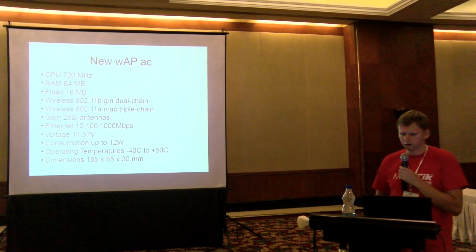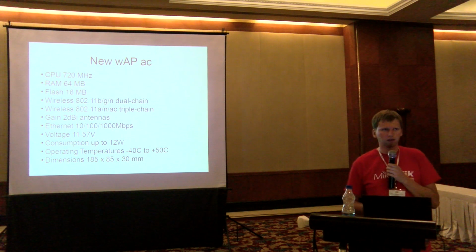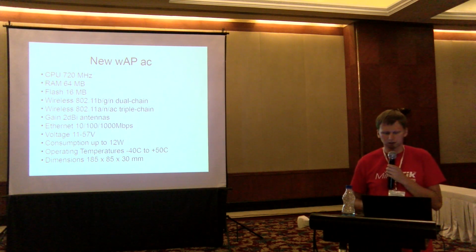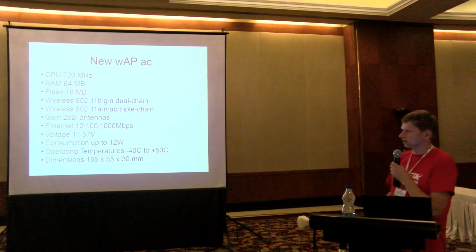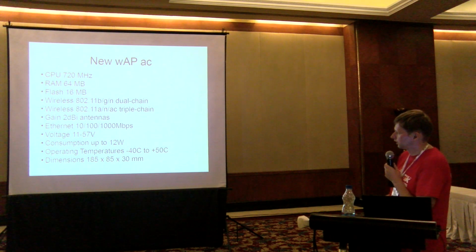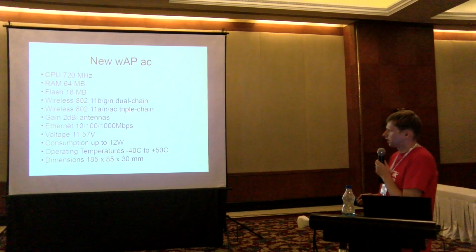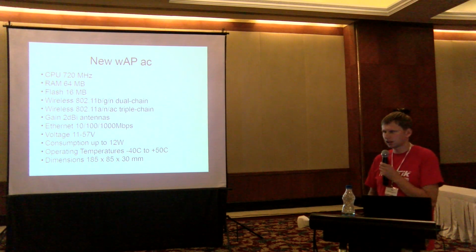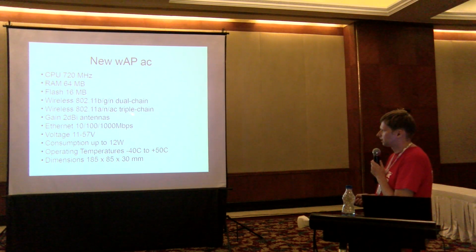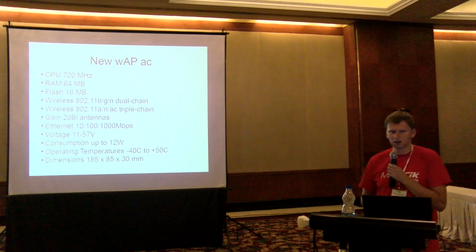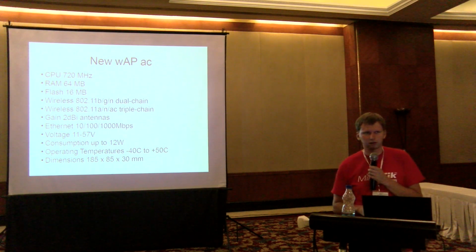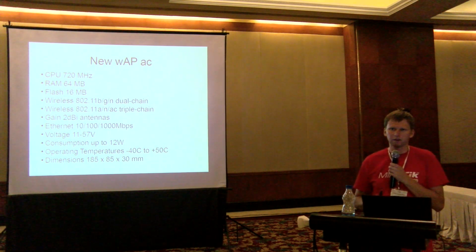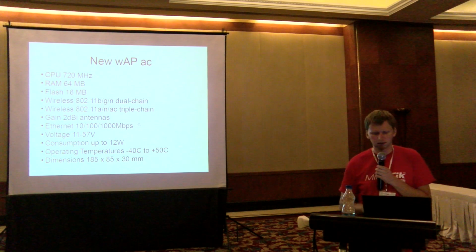Also, we have our new WAP AC that you can order from your distributors. The difference is it has a higher CPU, and it has 2 wireless interfaces. It has dual-chain BGN, just like the regular WAP, but in addition to that, it also has 5 GHz triple-chain AC wireless, so dual concurrent, so you can connect 2.4 and 5 gigahertz access points.